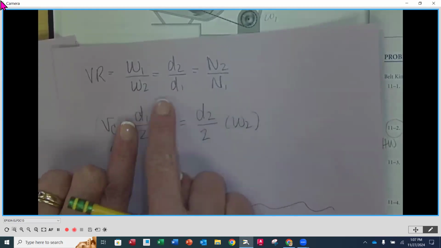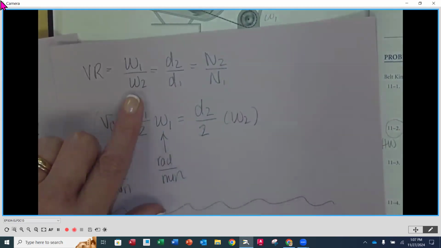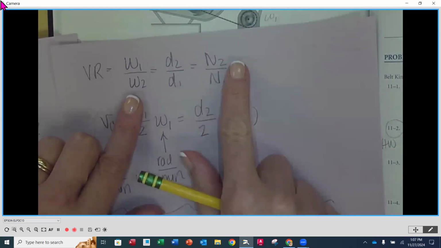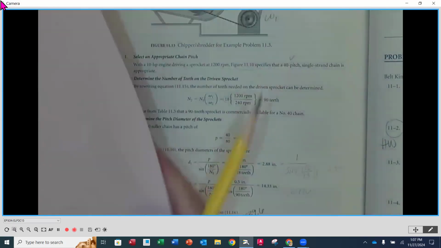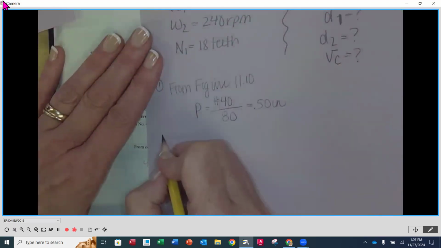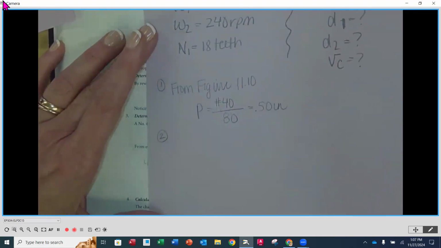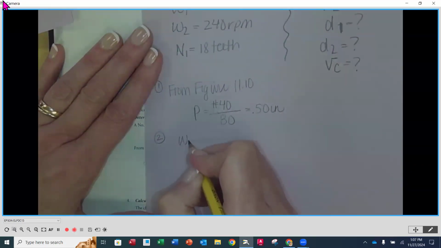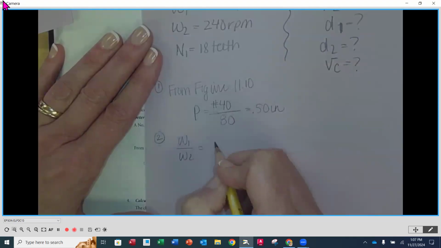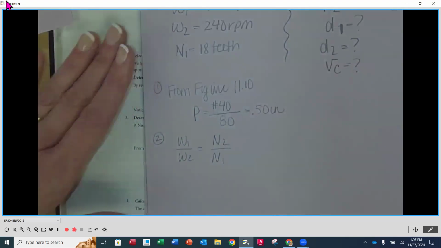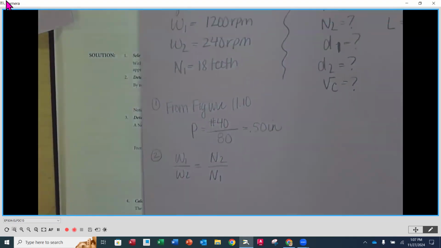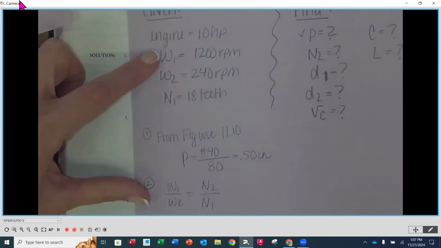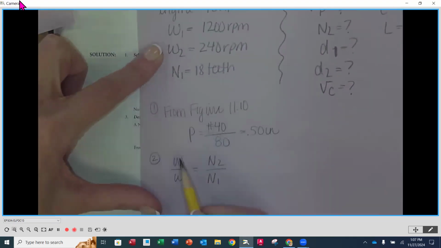We're going to use this equation right here, setting W1 over W2 equal to N2 over N1. That's where we're going to start. So step number 2 is getting the number of teeth. We're going to say W1 over W2 is equal to N2 over N1. In the case of the information above, we have W1 and W2, so we know both of these.